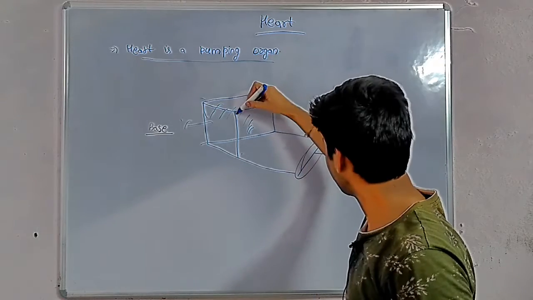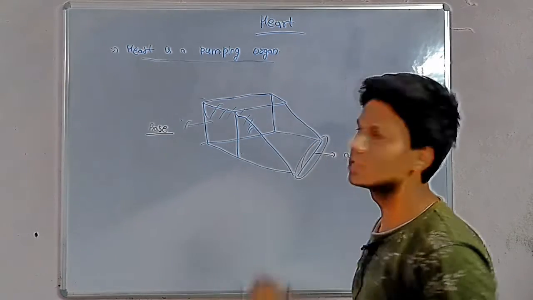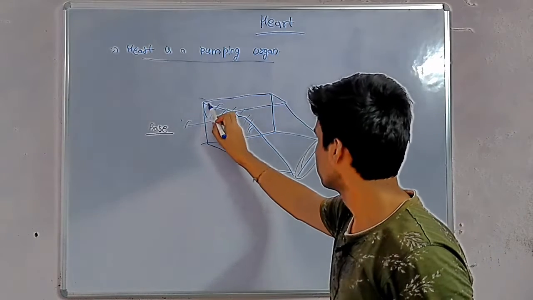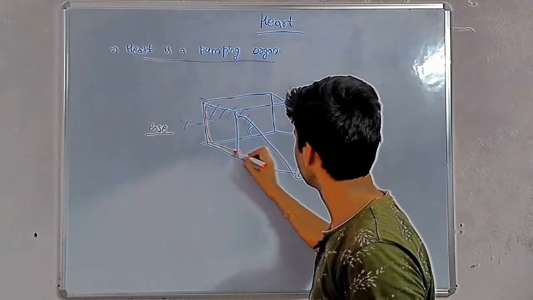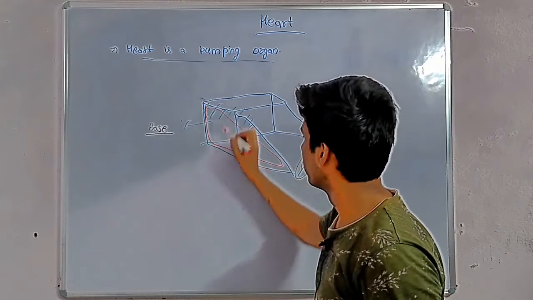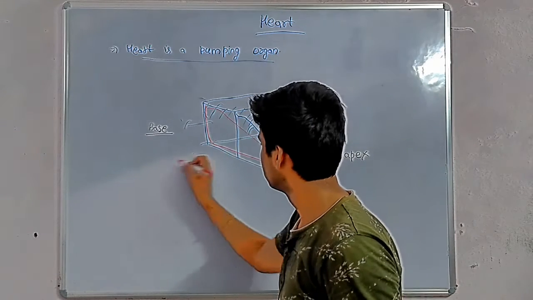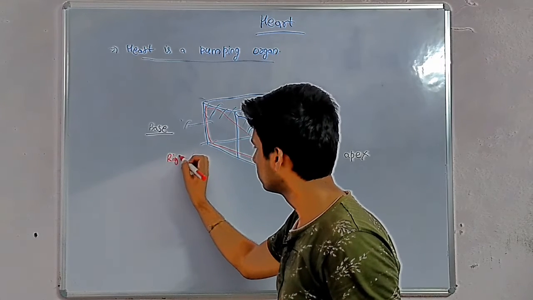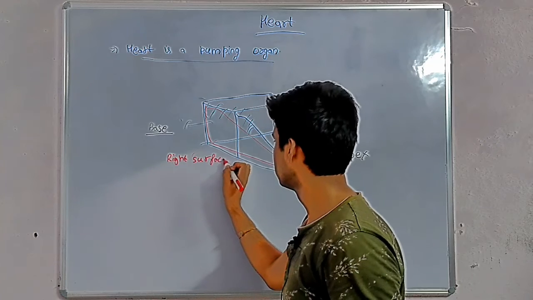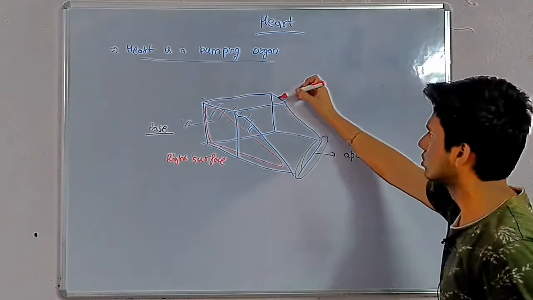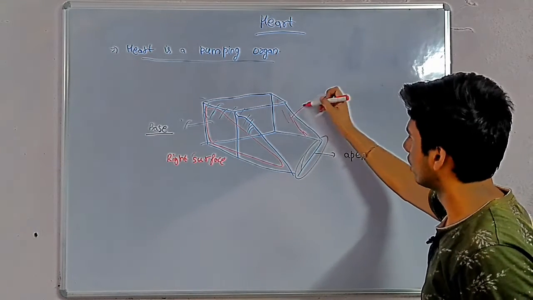So first we have to take some borders and features. This surface is called the right surface. Here this is the left surface.